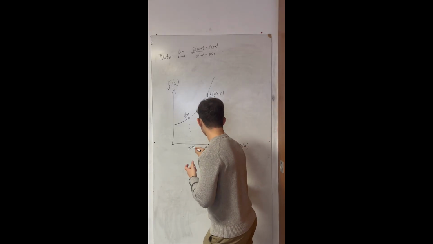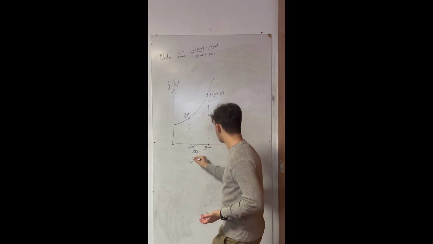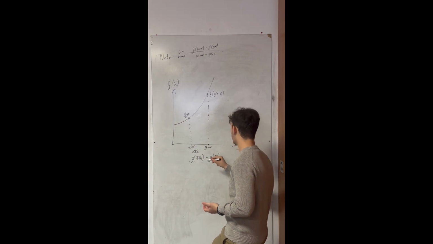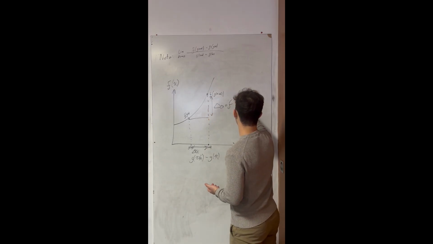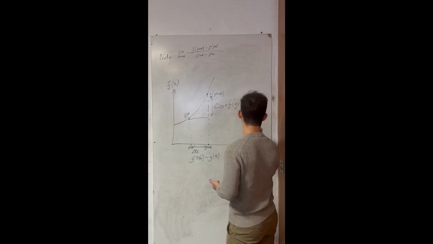If I want to take this here, I get my delta x, right? And that's going to be g of x plus h minus g of x. Cool. Then I can take my delta y, right? And that will be f of g of x plus h minus f of g of x.